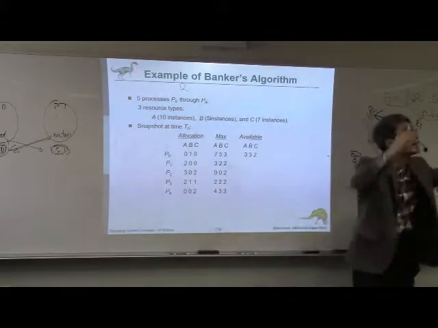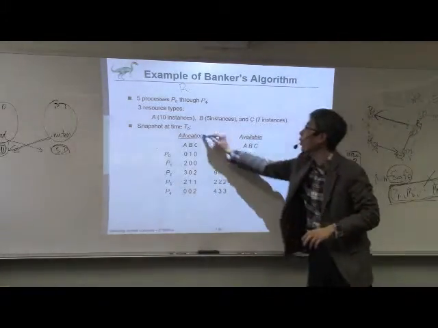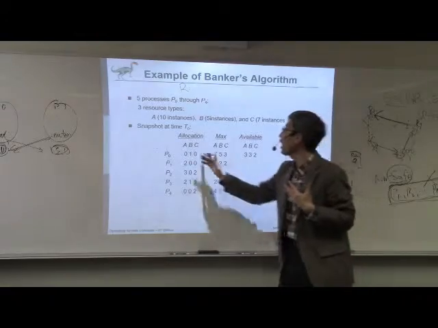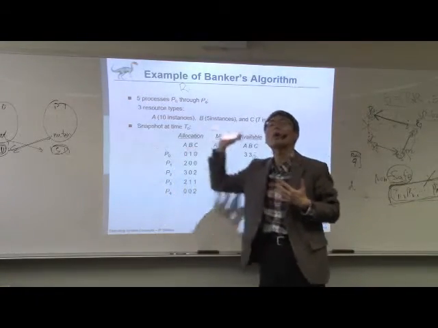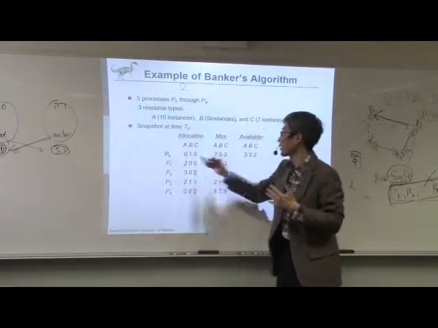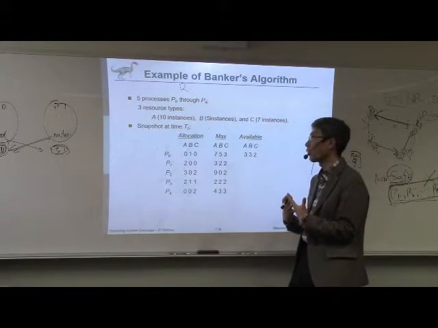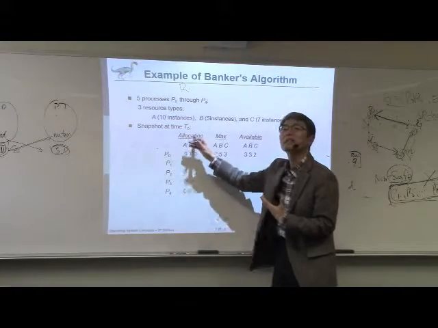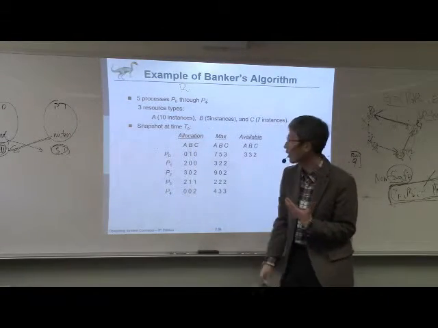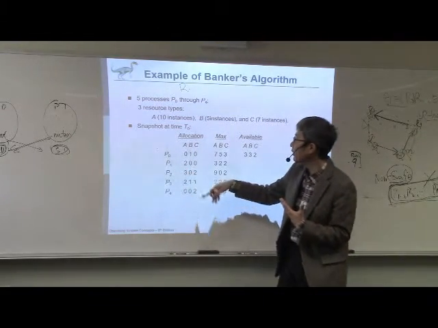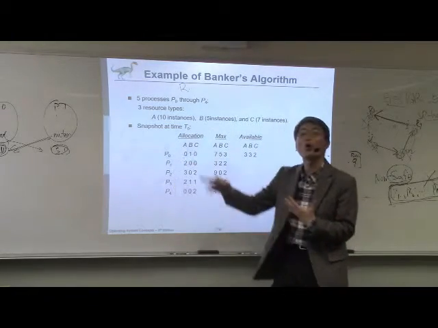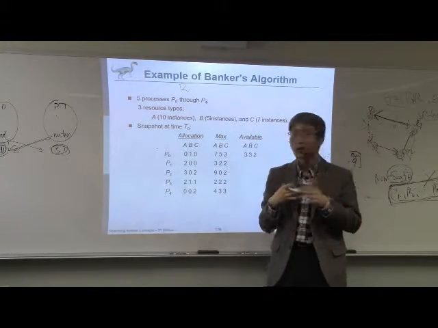This is the maximum need. Then allocation means currently how many of them are allocated to this process. For example, P0 is currently holding only 1 of B, and P1 is holding 2 of A.